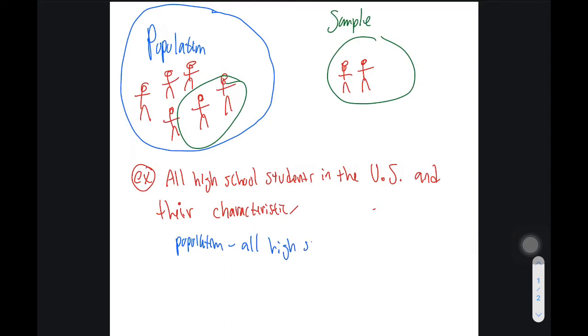Now, I can't go to every single high school kid in the country and ask them about their characteristics. That's not possible. It's not feasible. So what do we do? We take a sample. Now, there are many different ways we can take a sample. To keep it simple for now, let's just say I'm going to interview my 2 AP Stats classes.